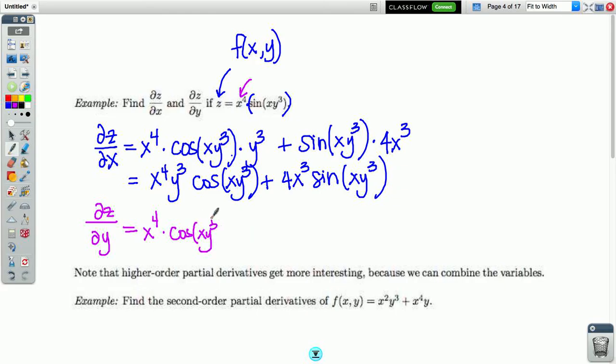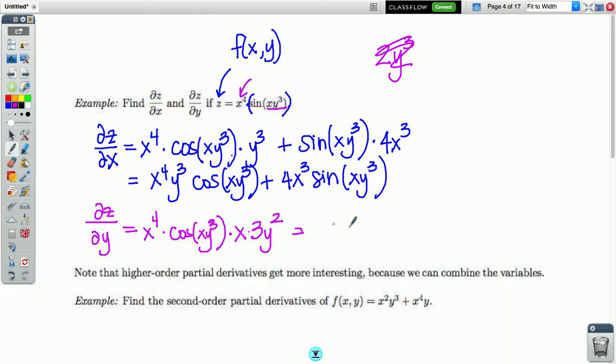And now the inside function is a little bit more interesting. The inside function xy cubed, we would treat it as if we're differentiating something like 2y cubed. You would just write the 2 and then differentiate the y cubed as it is. But in this case, the 2 is the same as an x, so I'm just going to write x times, and then the derivative of y cubed is 3y squared.